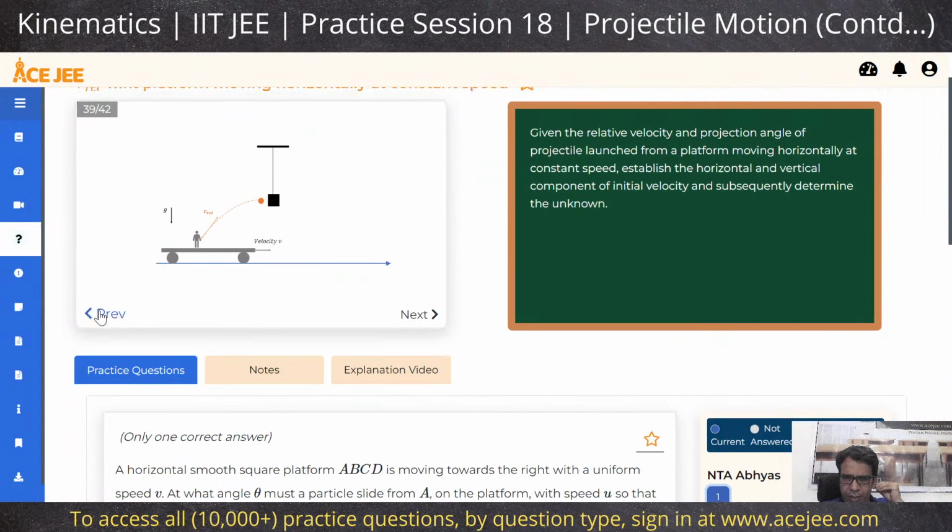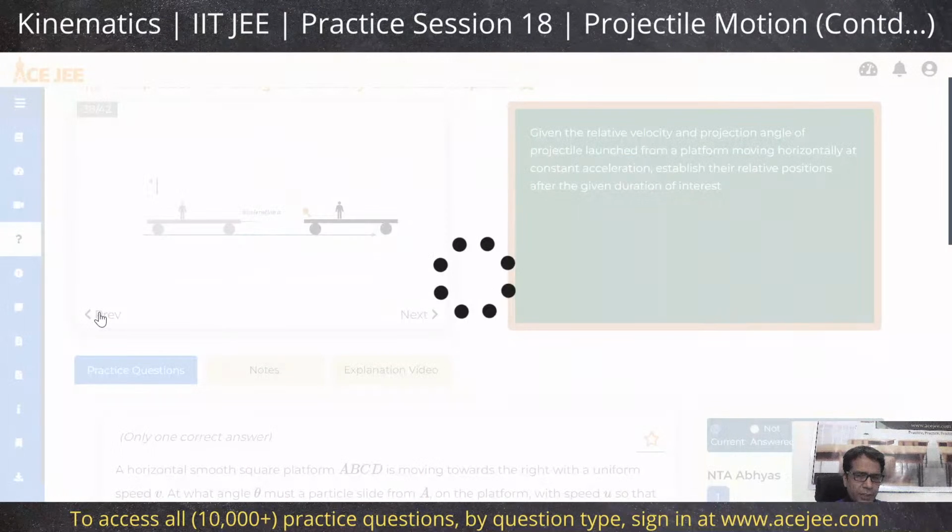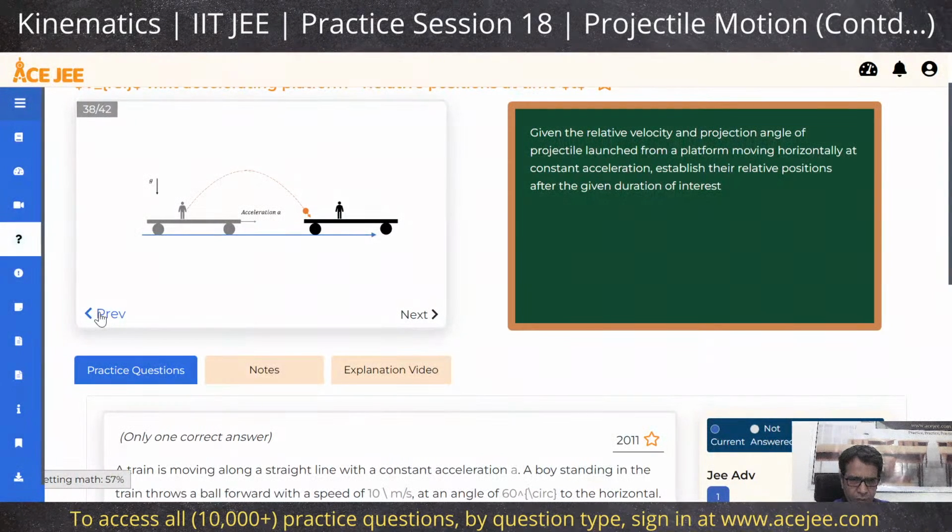Now let's go ahead and look at the last question type for the day. Here the platform is accelerating. Okay, platform is accelerating, and let's pick up an interesting question from JEE Advanced.